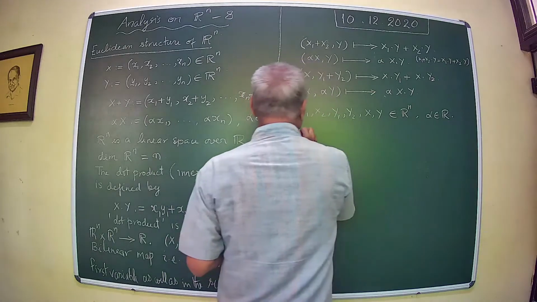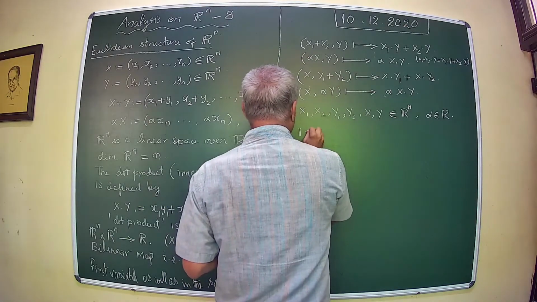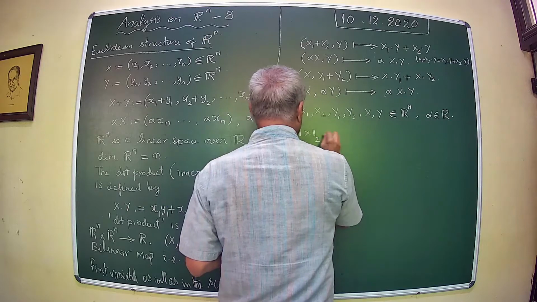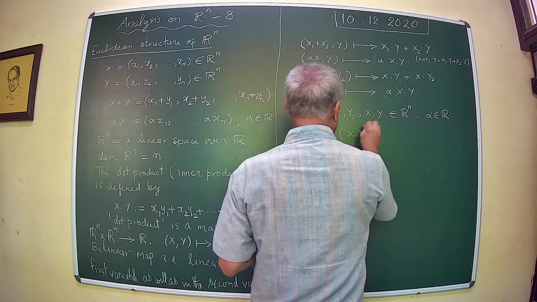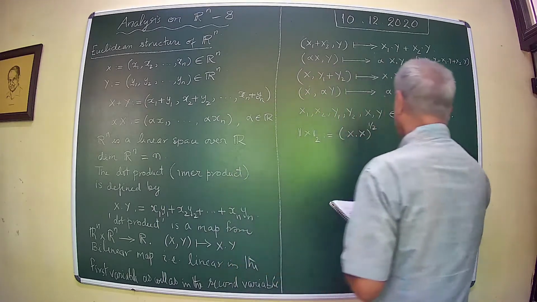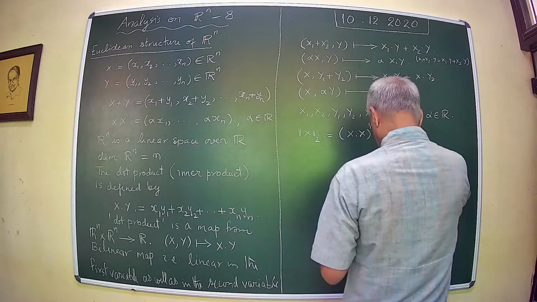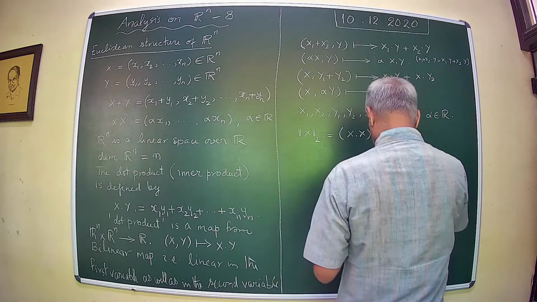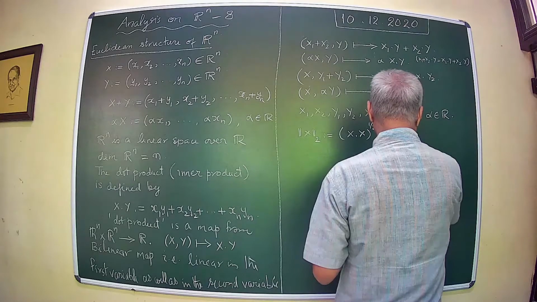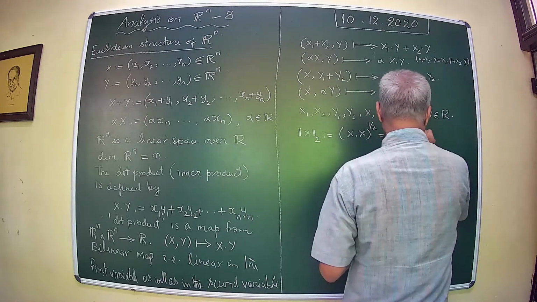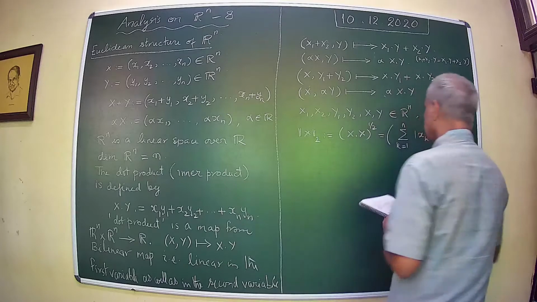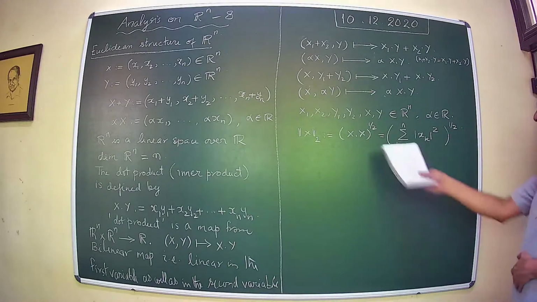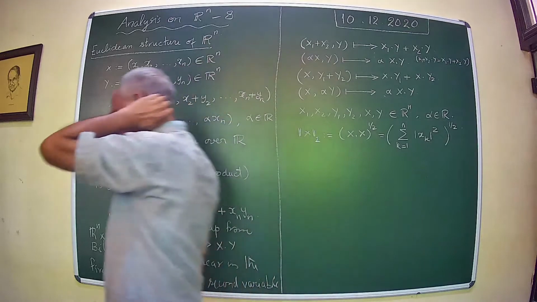Now we also introduce a notation of Euclidean norm, defined as the norm of x, which is equal to the square root of x dot x.